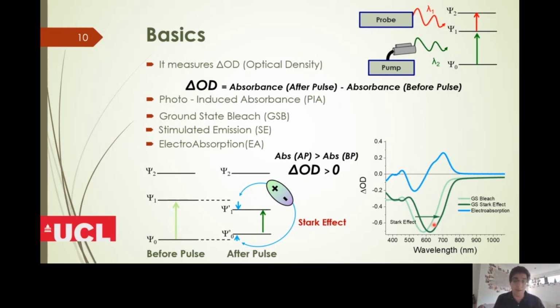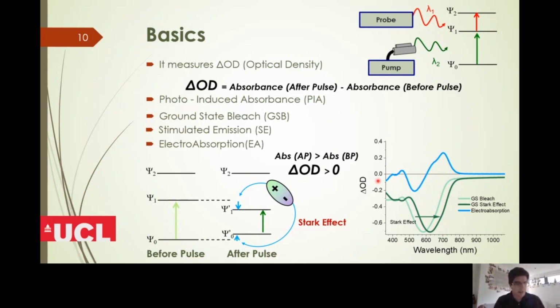If you do the delta D, which means the absorbance after minus before, you're going to have a positive signal from this Stark effect. So in the end, you're going to have a red-shifted version of your absorbance. So you have to be careful when you assign the different features that you see in your TA spectrum.